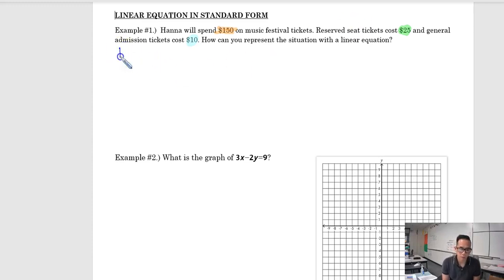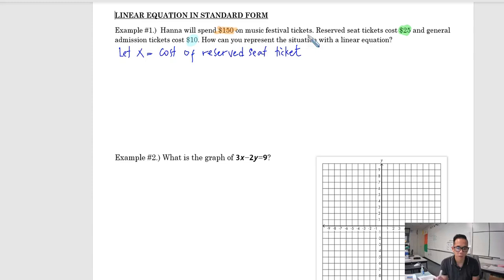So let x be the reserved ticket. How many tickets are there? We do not know. So that's what we are going to find.